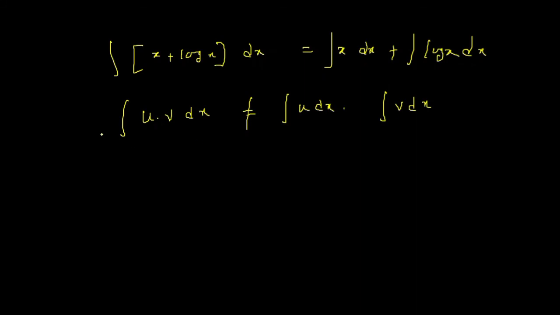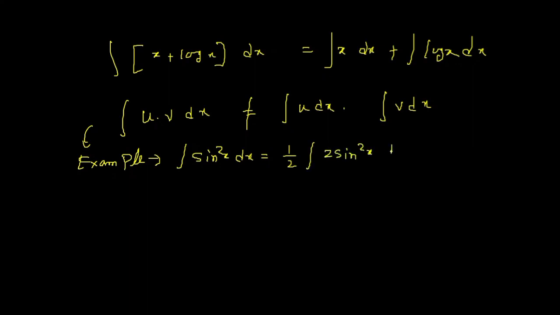We can show it by an example. Take the integration of sin square x dx. Originally, the integration of sin square x dx can be done as half of the integration of 2 sin square x dx.